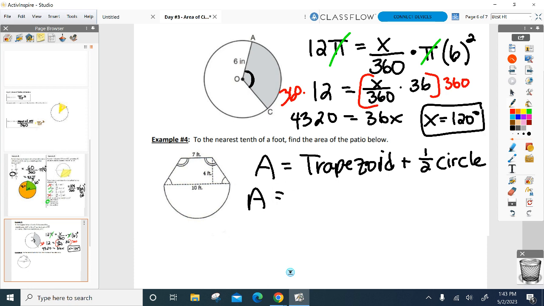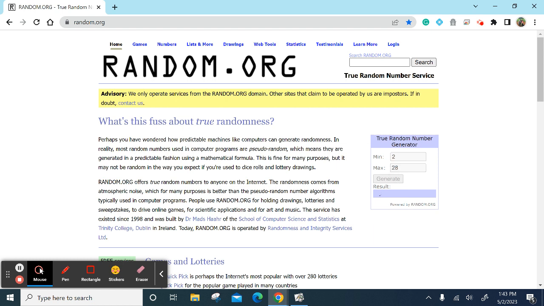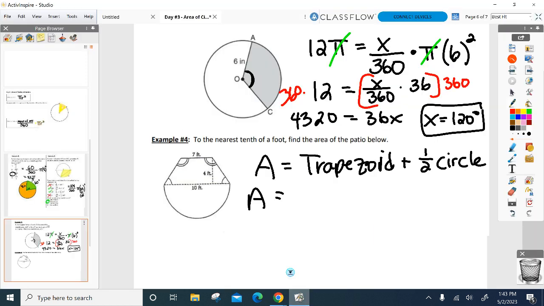All right, what's the area of a trapezoid? Let's start there. Area of a trapezoid formula: one half height times base 1 plus base 2. Good. Plus half a circle.